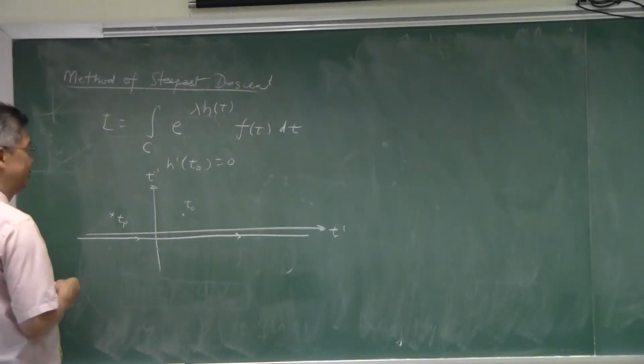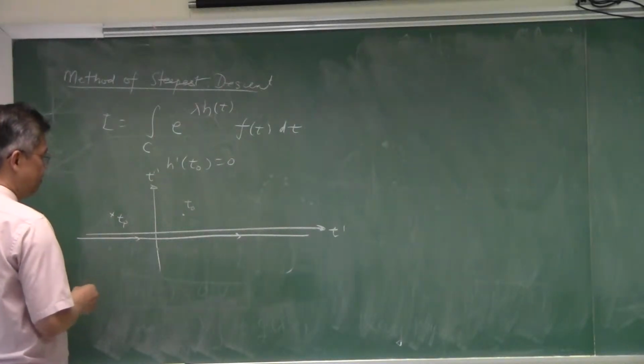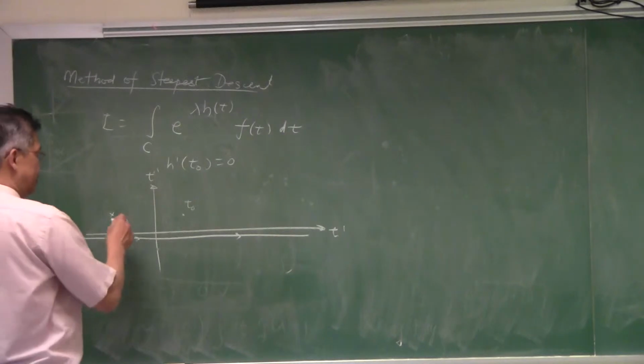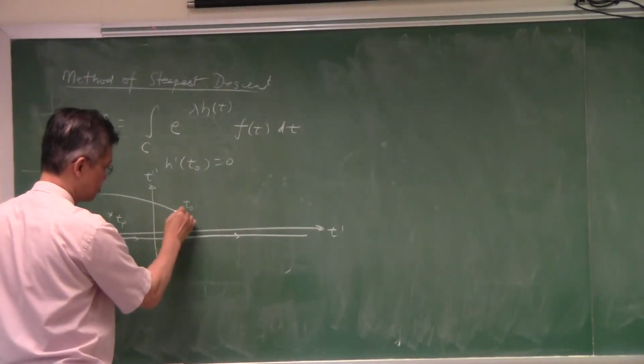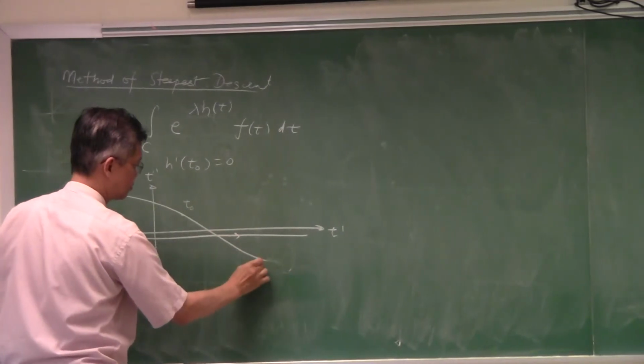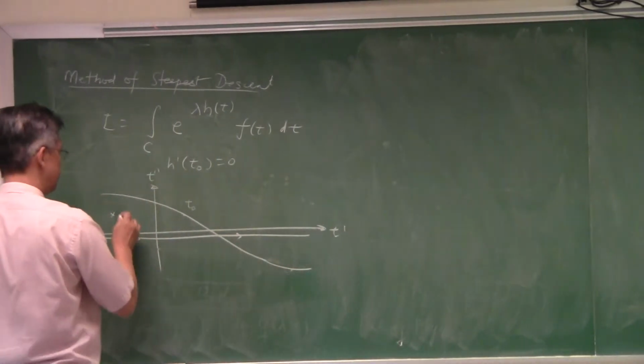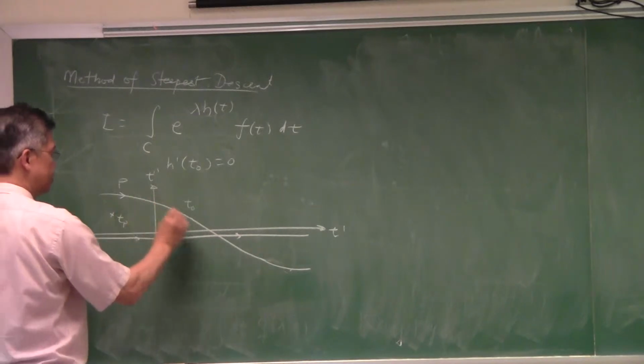So what I need to do is actually to first find a path, the stationary phase path that will pass through this point t naught. I'll define to you what the stationary phase path is.